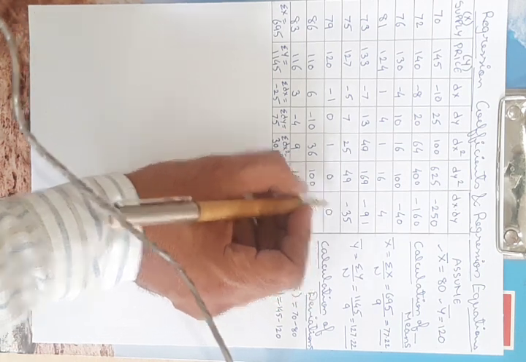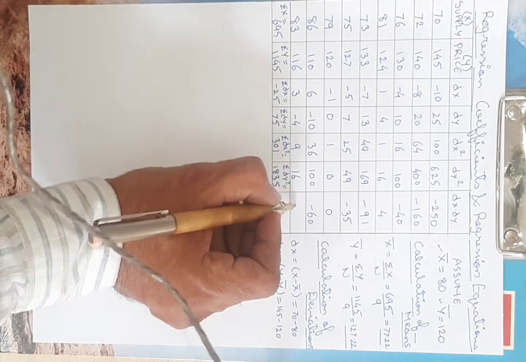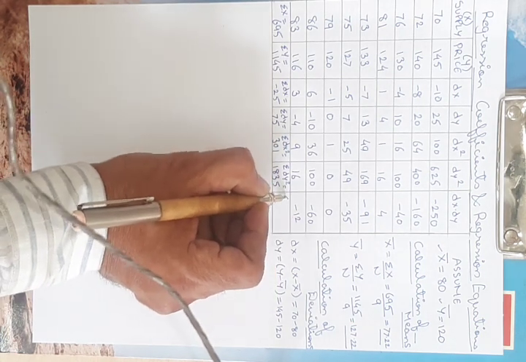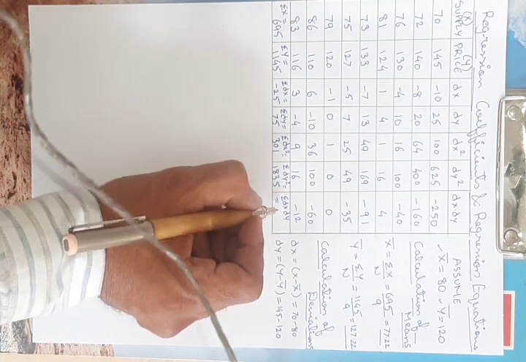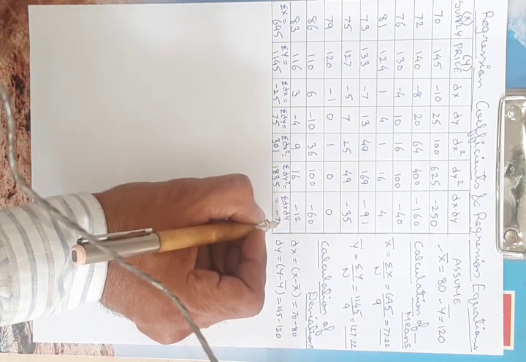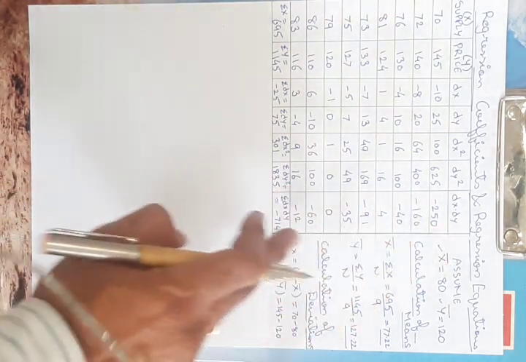This is 0. This is 10 into 6, 60. This is 4 into 3, that is minus 12. So the summation of dx into dy comes out to be minus 714.